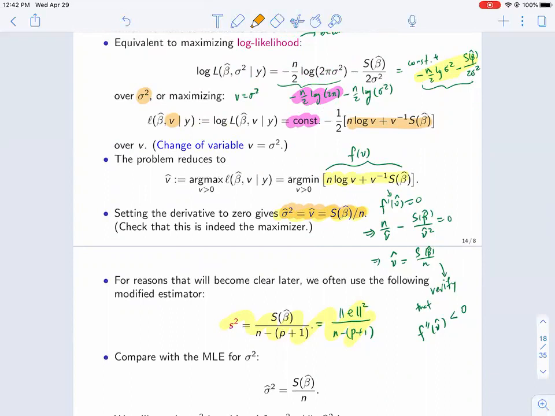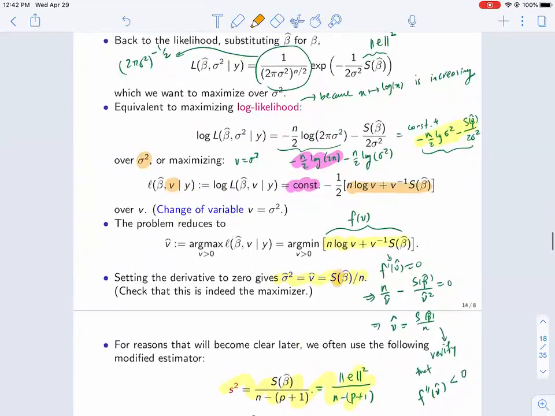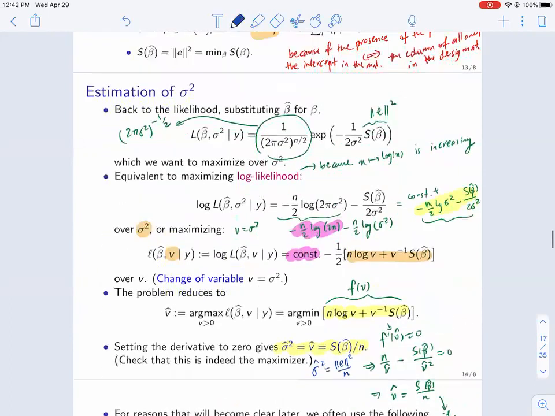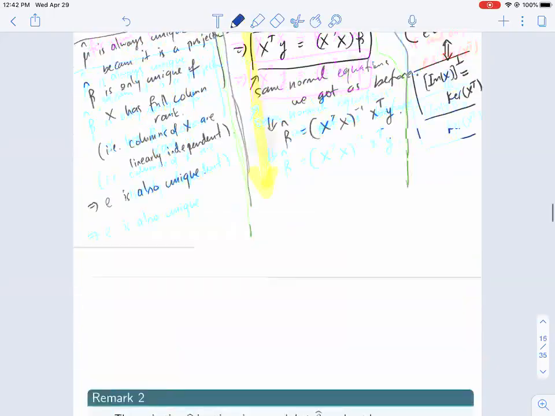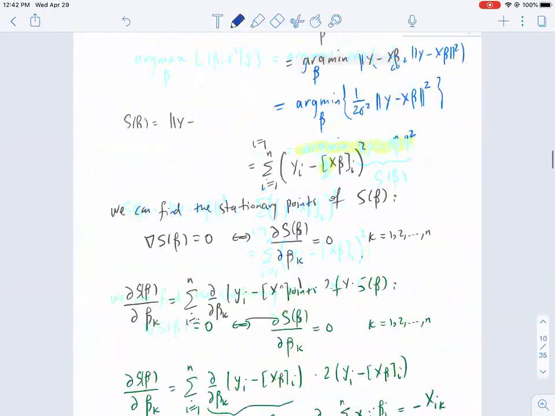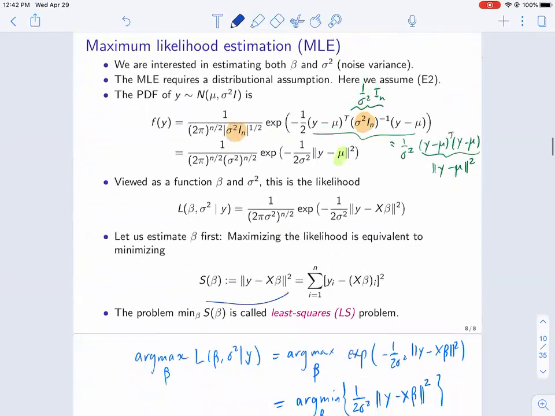So sigma hat squared is the norm of the residual squared over n. I wish I had written it differently. S beta is this, that's a bad notation, though your book uses it.